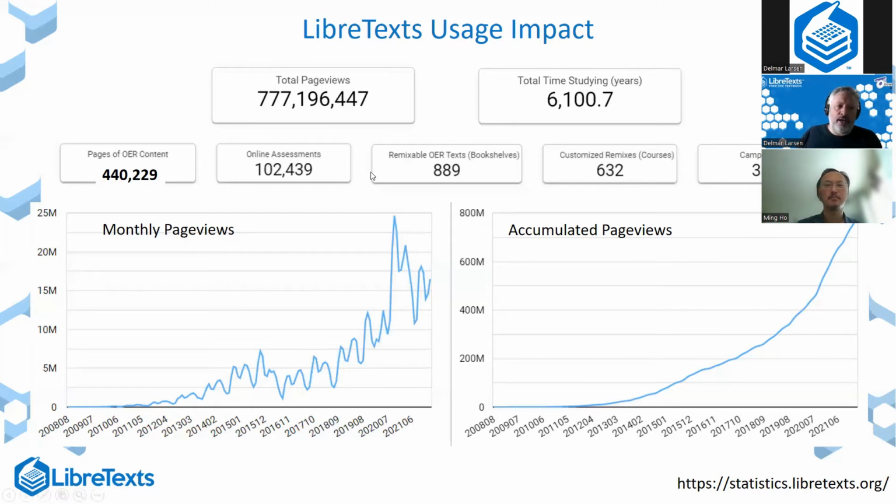We have over 120,000 online assessments via our homework systems. We have about 1,000 centralized books that we bring in, and another 1,000 books that are customized for individual campuses that are hosted on campus hubs or campus bookshelves out there. And as you can see, we've been growing exponentially over the last few years.